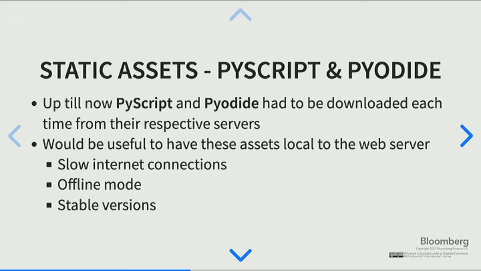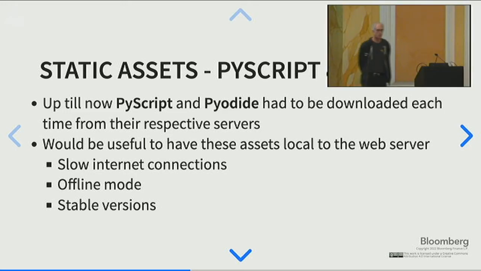So at this point, we've been downloading PyScript and Pyodide over the internet every time we run our web page, which means that we are dependent upon these external web resources, as well as whatever the startup time is. It would be useful to have these assets local to our web server for a few reasons.